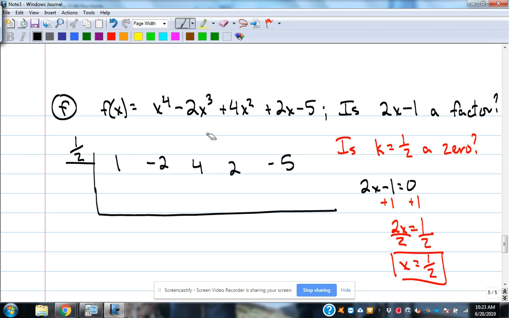Again, if there were a missing piece in this polynomial, you'd put a 0 in its place. Don't forget that. That comes up sometimes. And again, drop the 1 down and then multiply. 1 times 1/2 is 1/2.